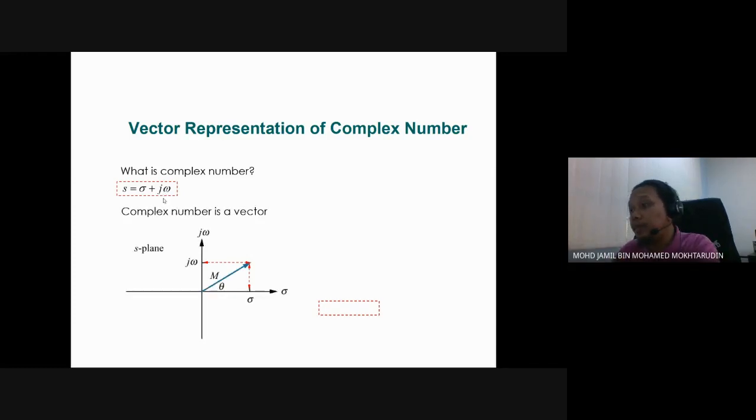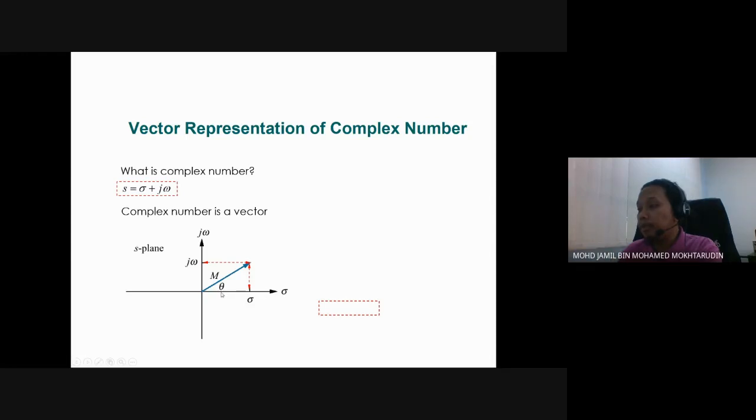We can represent a complex number as a vector by plotting it in the s-plane. The y-axis is the imaginary axis, and the x-axis is the real axis. Let's say we have a vector here that represents the complex number s equals sigma plus j omega. Your complex number is at this intersection, and we can draw a vector line from the origin to the complex number.